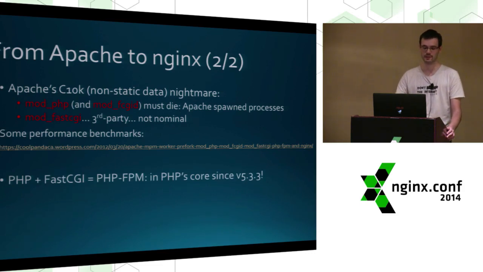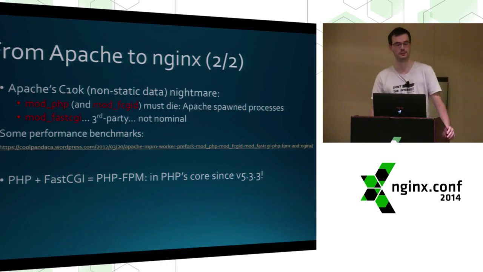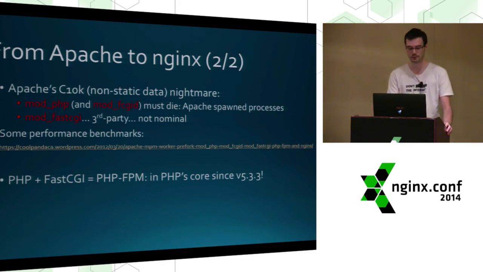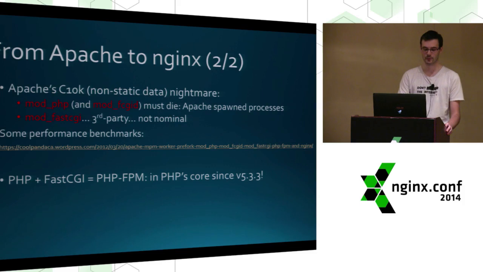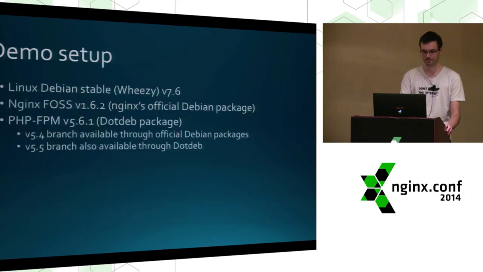And on the PHP side, since version 5.3.3, they included a FastCGI process manager in the core of PHP. So now PHP runs from the very core directly on FastCGI, and you don't need an external CGI bundle to connect it to Nginx. So that's very cool. And so let's get started to get rid of Apache.